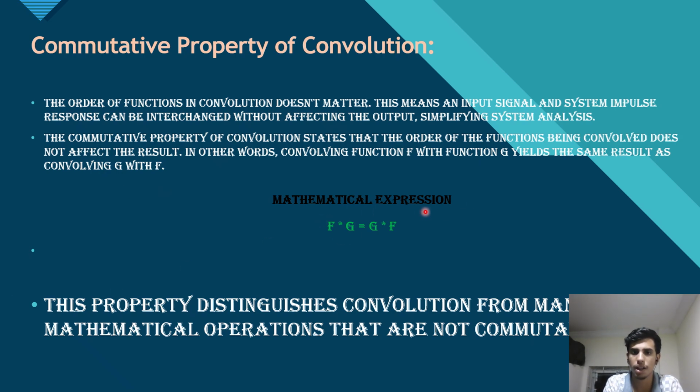That is given in the mathematical expression f * g = g * f. Mainly this contrasts with mathematical operations that are not commutative. We will discuss this in the next slides.